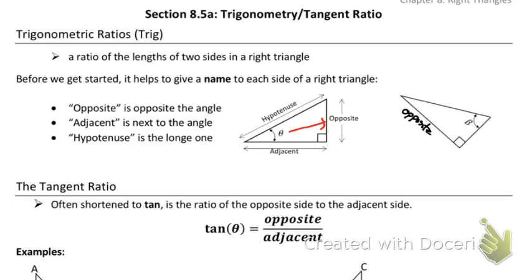So that means this must be my adjacent side. Once again, if you go straight across, that's your opposite. If you were drawing a line to this, you'd have to draw a little curly line to get to your adjacent. It's the one touching the angle. So this would be your adjacent side. The cool thing is we always know what our hypotenuse is.